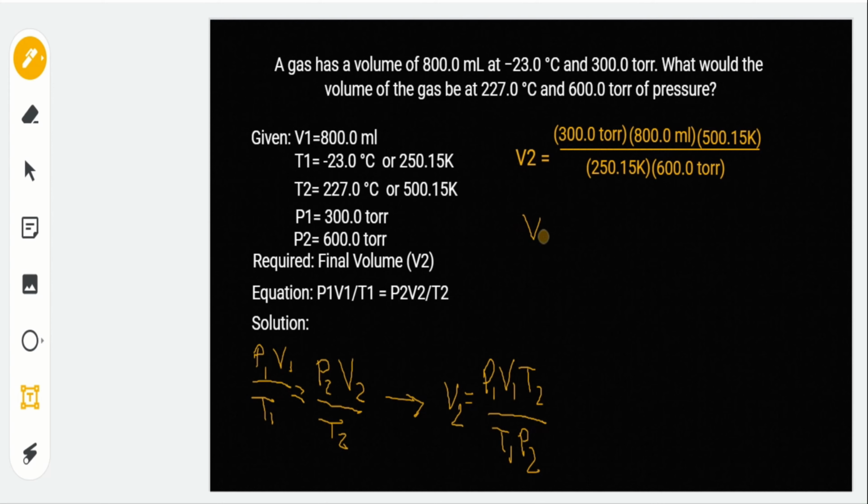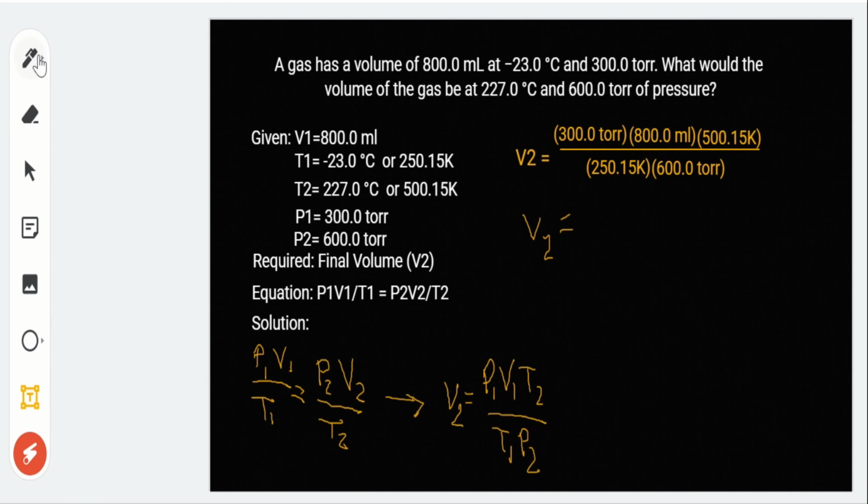So, our final volume is equal to, okay, so let's multiply first. 300.0 times 800.0 milliliters times 500.15 Kelvin. So we have here 120 million.